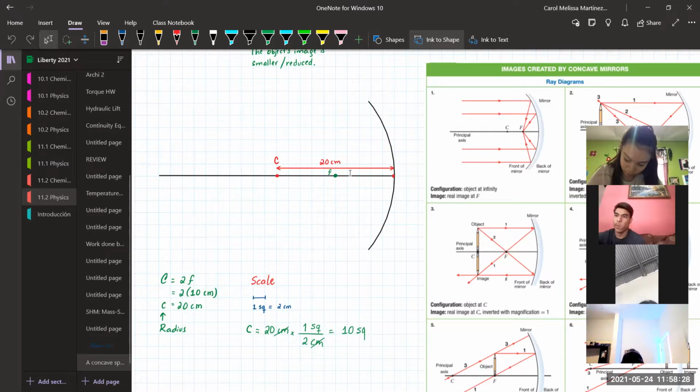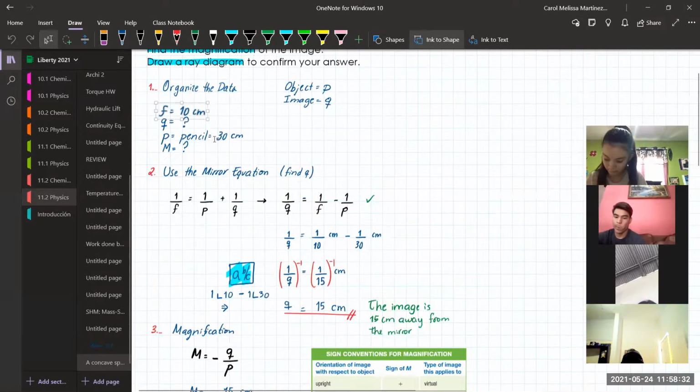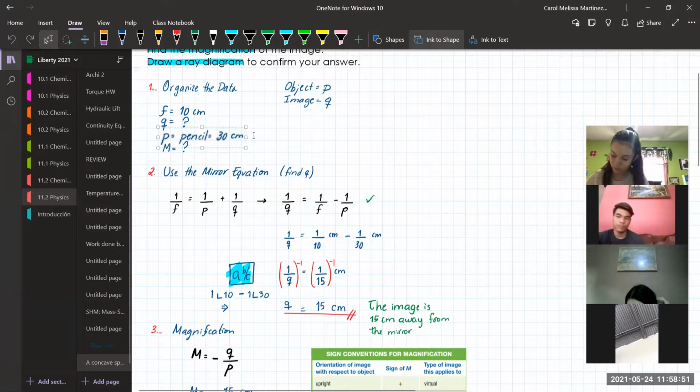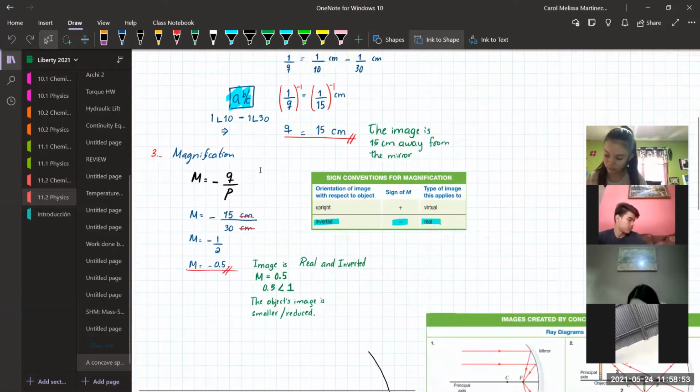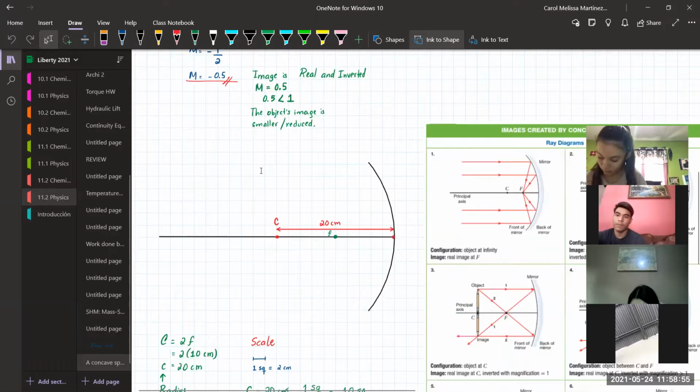Now, the other point that I'm curious about is my pencil P, which is placed 30 centimeters away. So how many boxes are those? 30 centimeters are how many square boxes? 15. 15 boxes, okay? So I'm going back to my drawing and I start counting. Well, I know that this is 10.